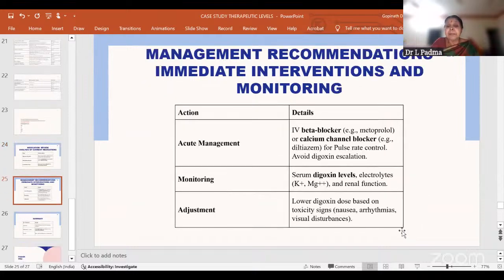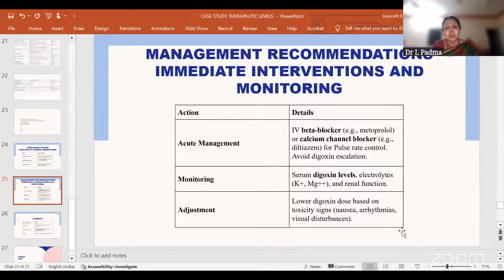Now, what are the recommendations? After having known the theory, what is done, what we do normally, or if you have forgotten, or read it in pharmacology, or during house surgery, or consulting, whatever it is. Now, coming to the management portion, because of those problems, what can we better do in acute management? Metoprolol, calcium channel blocker, mainly diltiazem, for rate control.